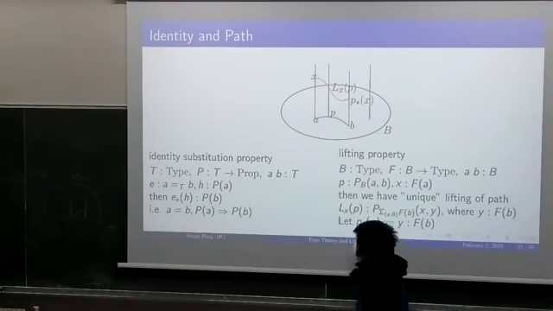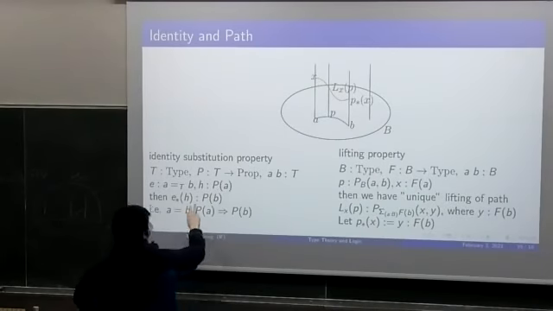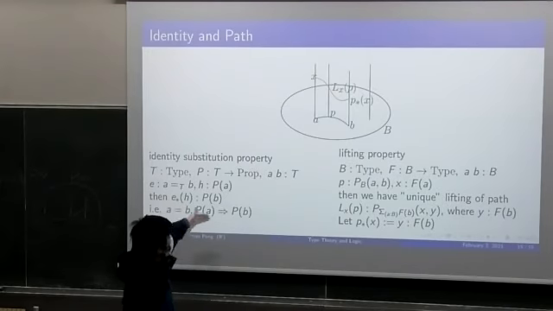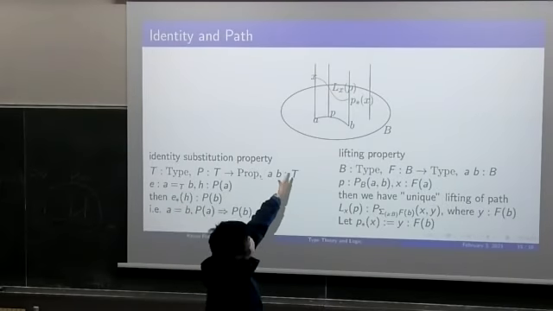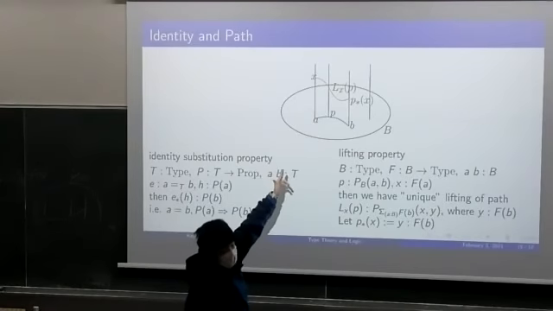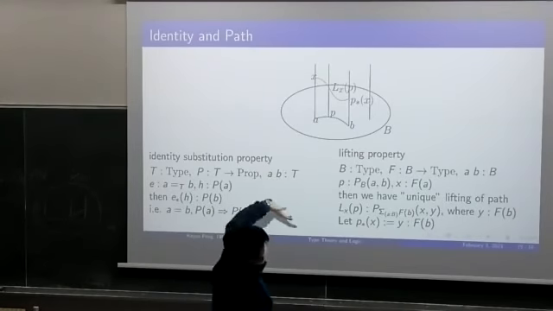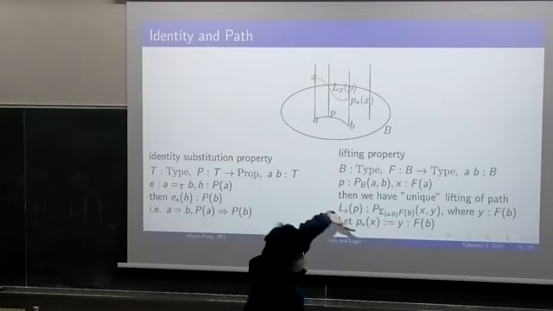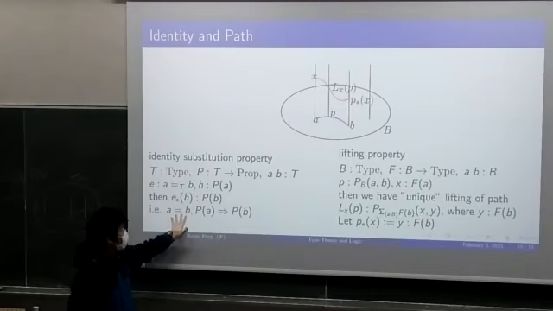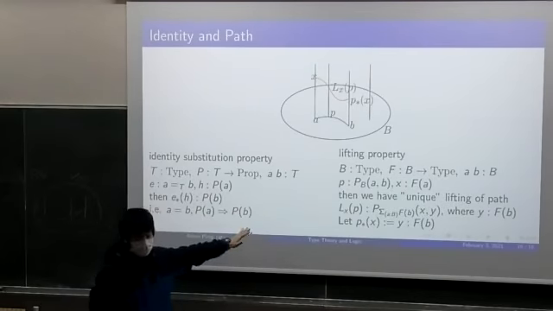So you compare this. It's actually the same thing. You have a lifting. You can put the point in the fiber, and you move along the path in the base, and you get another point in another fiber. So this is exactly what A equal to B, P A implies P B means.